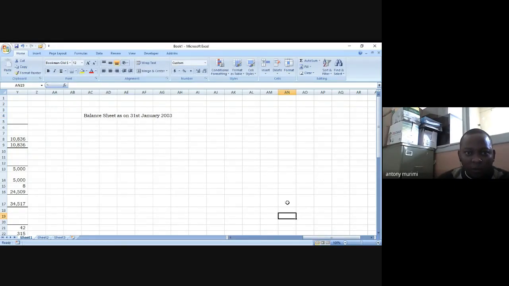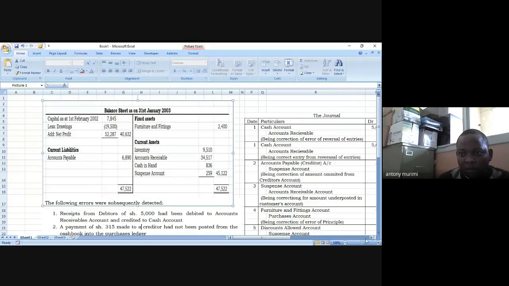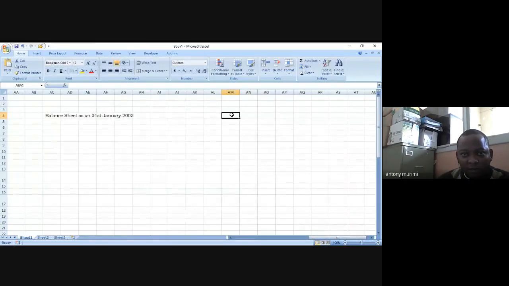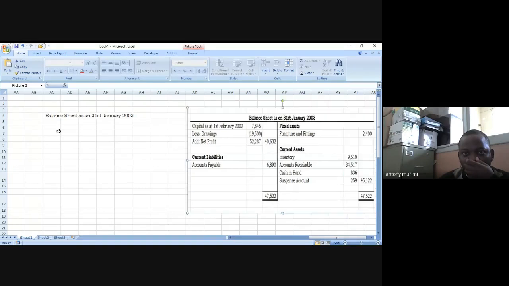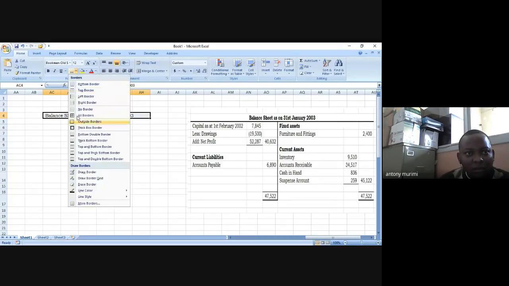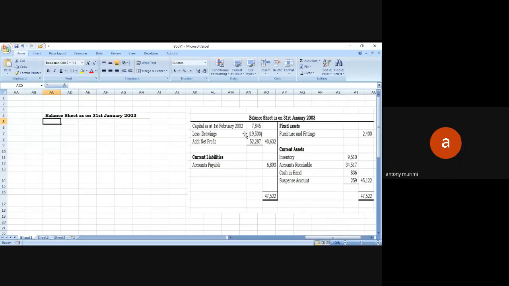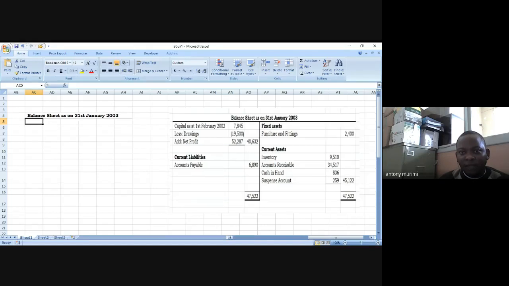So you copy our balance sheet. Let me copy. We bring this balance sheet here since we are using it. So we copy it as it is, apart from some few figures that have changed.